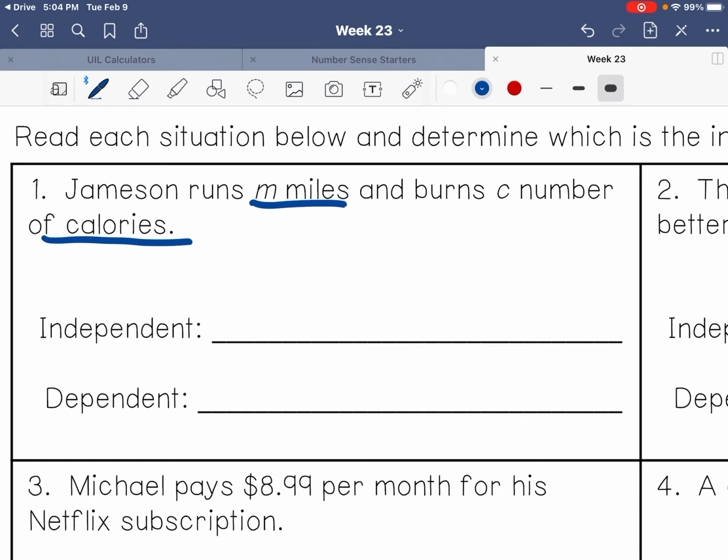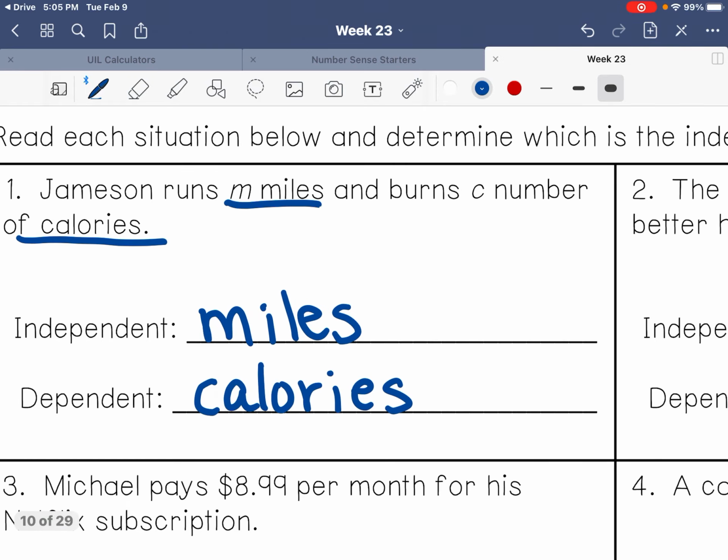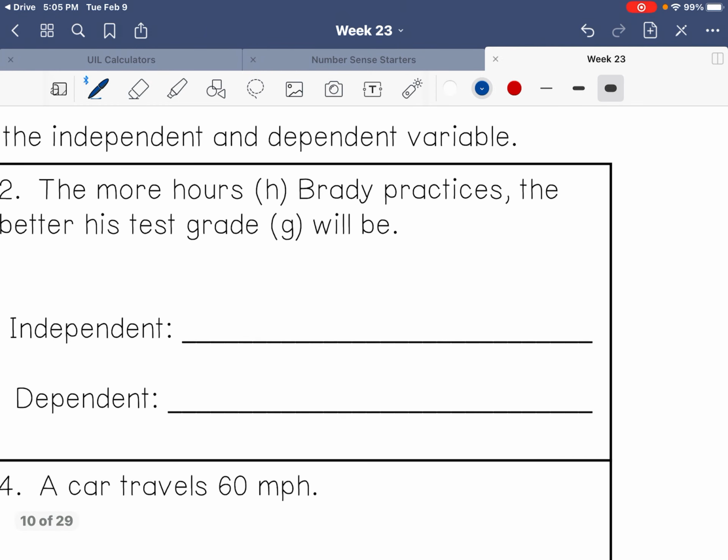So the independent variable here would be the number of miles that you run. The dependent would be calories. If you don't run any miles, you won't burn any calories, at least not running. Okay, so the number of calories burned depends on the number of miles run. If you run more miles, you'll burn more calories. That makes sense, right?